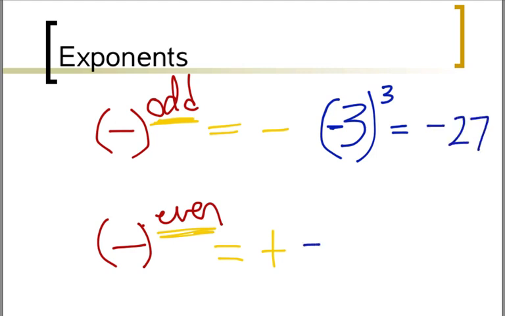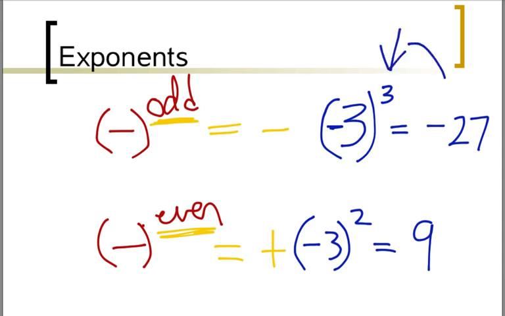If I had -3 to the second power, the answer would be +9. Okay, so anytime you have a negative number raised to an odd exponent, the answer is going to be negative. Anytime you have a negative number being raised to an even exponent, the answer will be positive. And that holds true always.